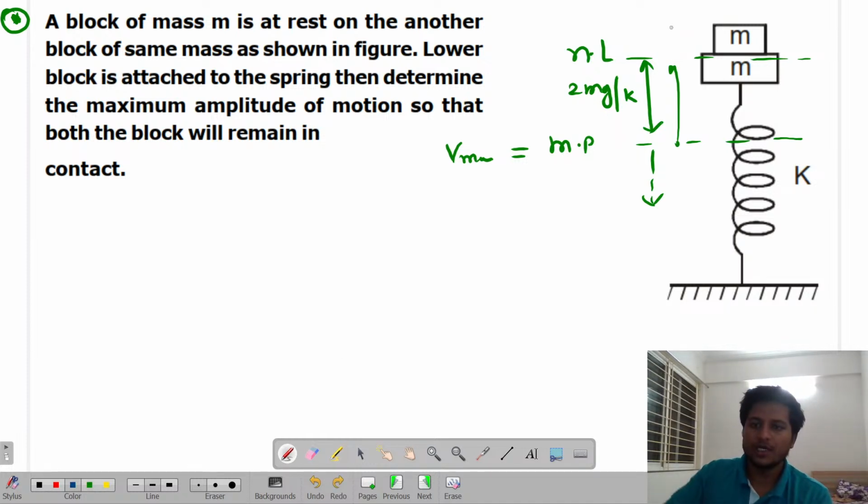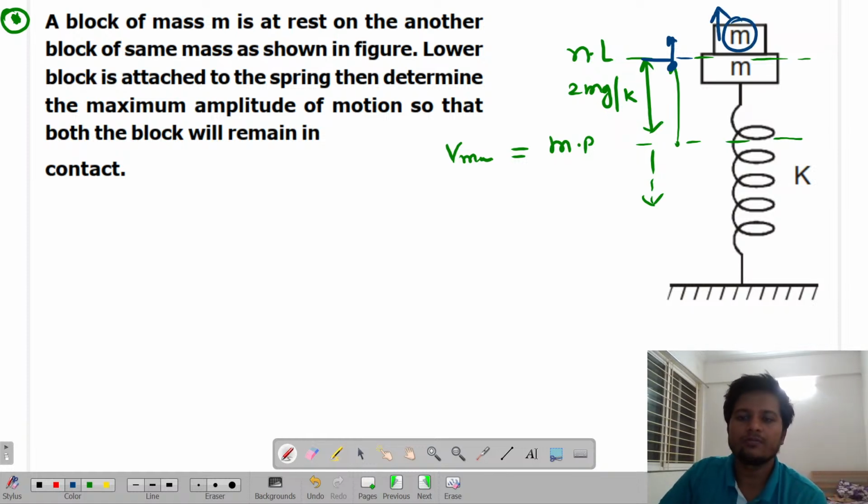So if this block starts to go upward from this natural length, what will happen? The normal force on this small m will increase or not? If it increases, then think over there; see what will happen. You have to think like that.